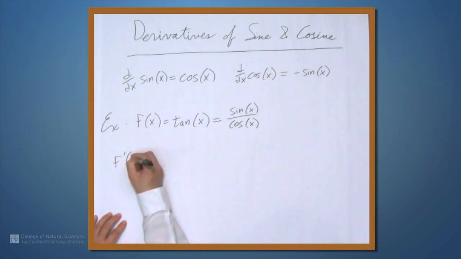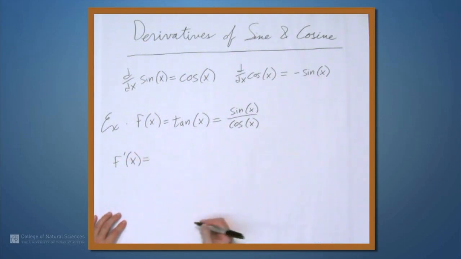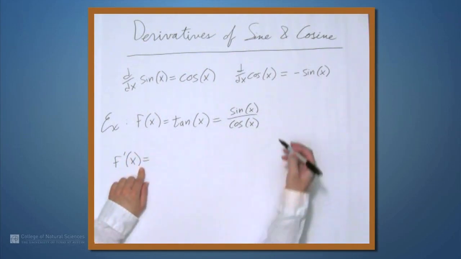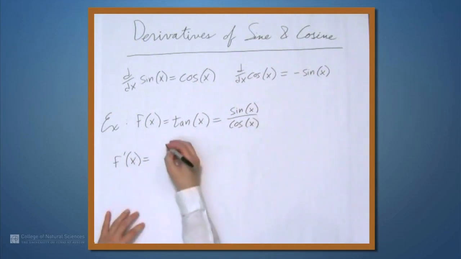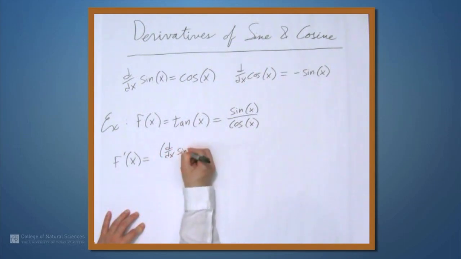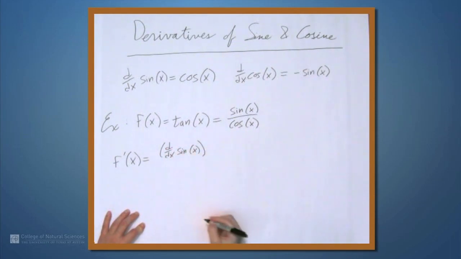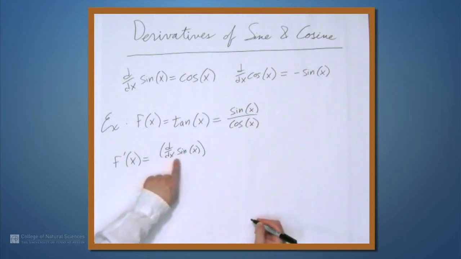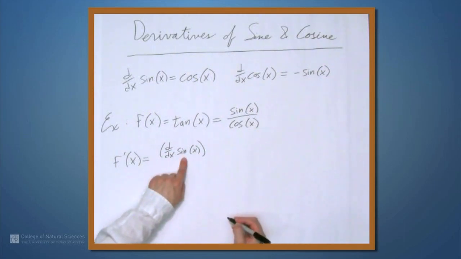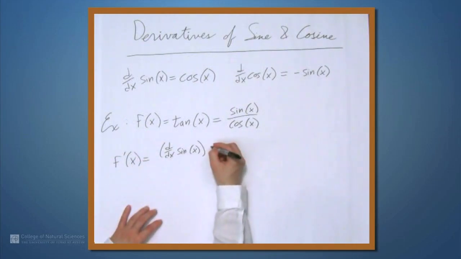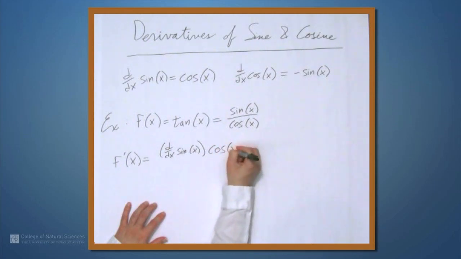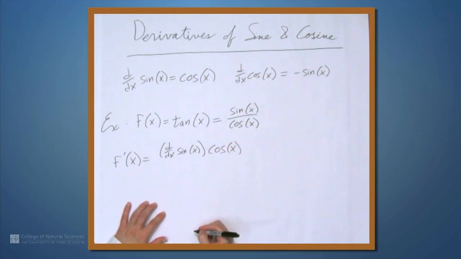So f prime of x, quotient rule says that f prime of x is the derivative of the numerator times the denominator. So we start with the derivative of sine x. I'm going to write this out in two steps, so I'm going to write derivative of sine x before I write cosine x. Since we have all these sines and cosines floating around, this will make it a little less confusing. So derivative of sine x times cosine x.